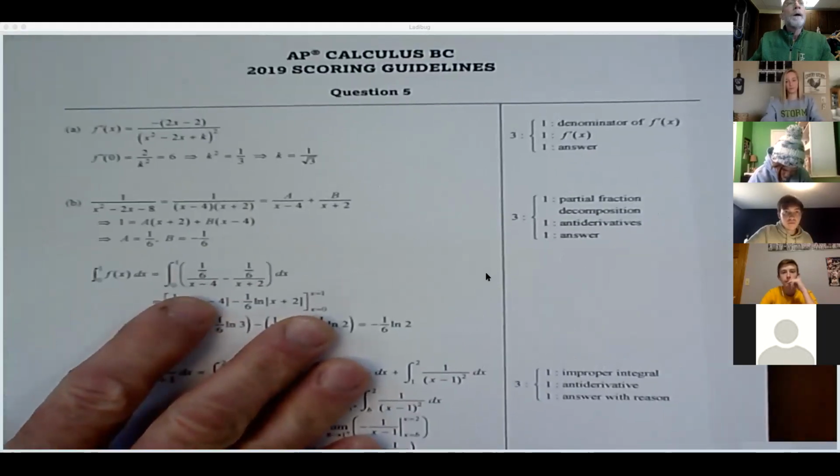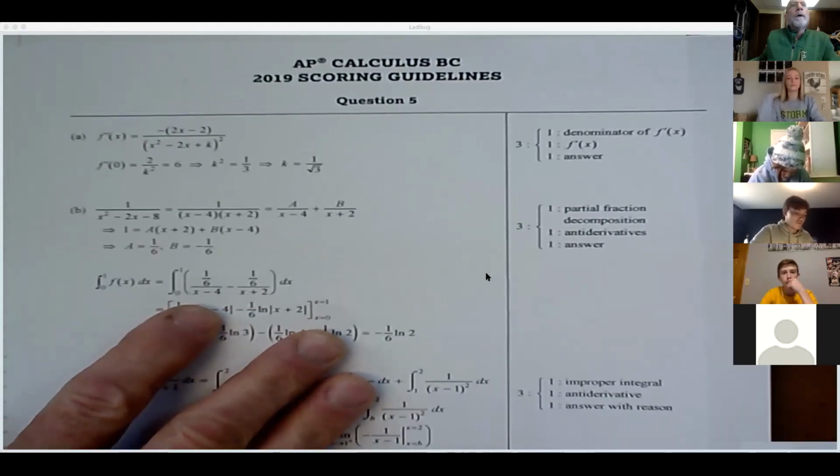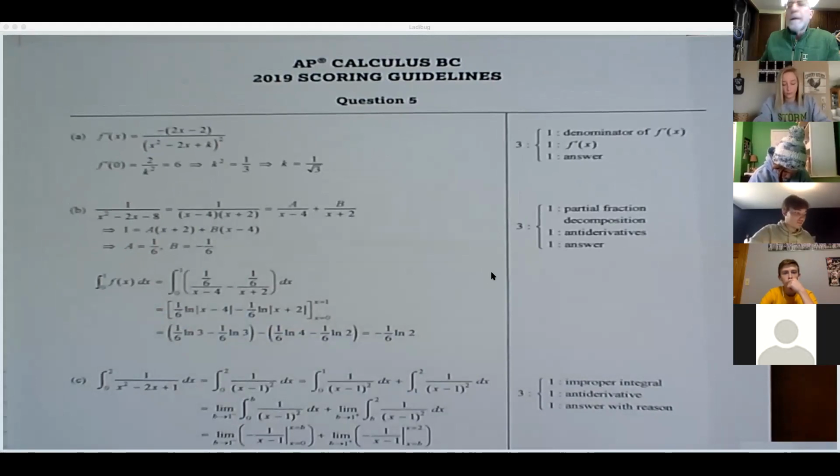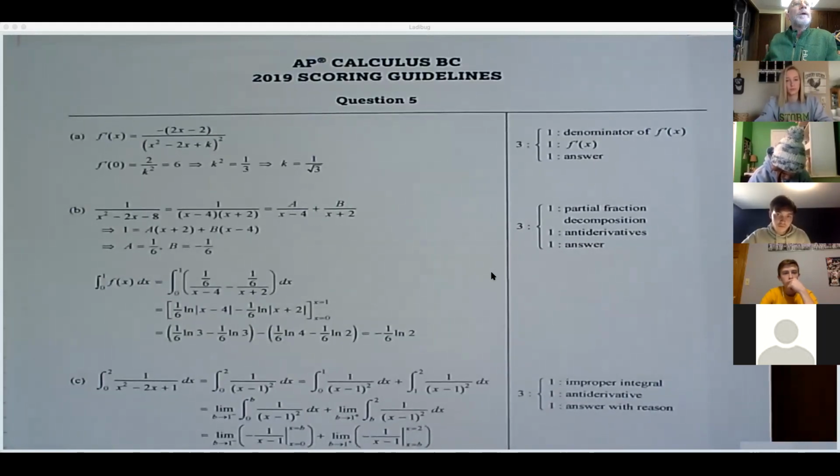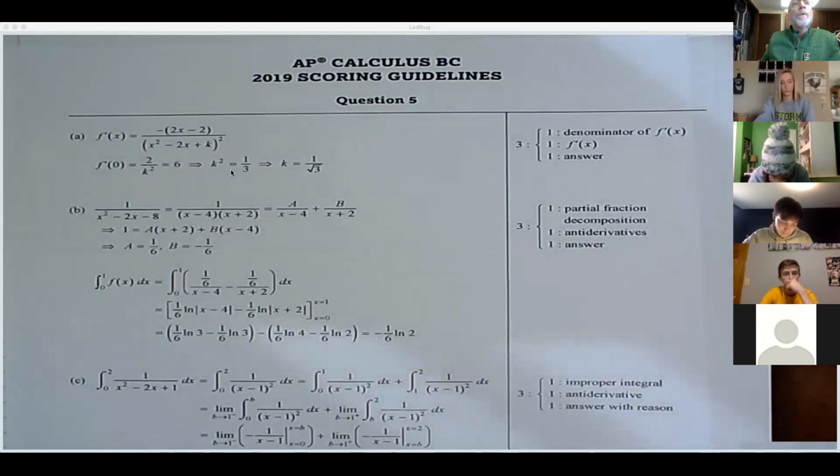Yeah. All right, so here's the first part, 5A. You had to figure out the derivative, plug in 0 for x, and this becomes k squared, and solve, and you get 1 over the square root of 3.